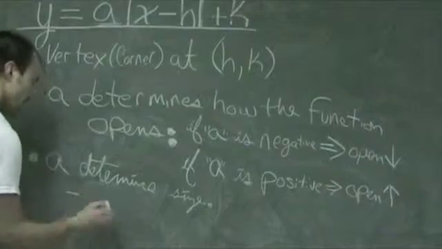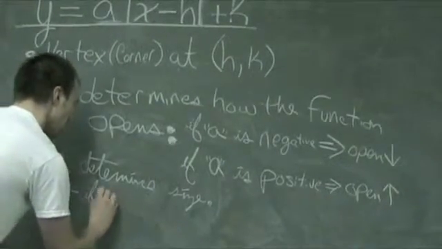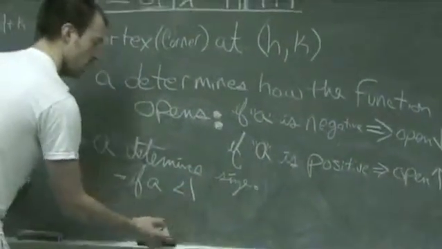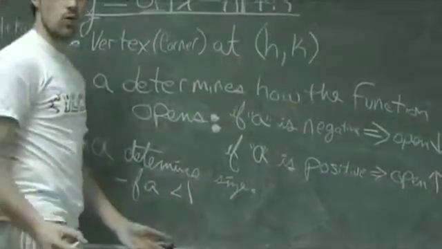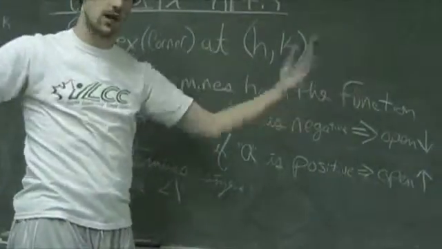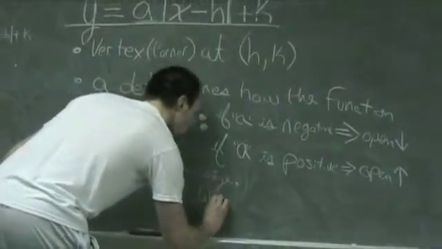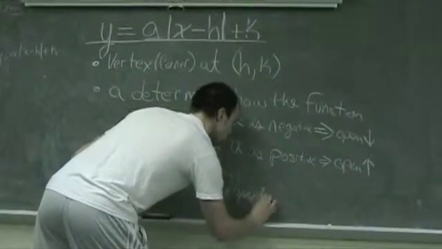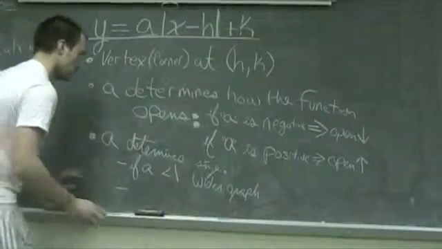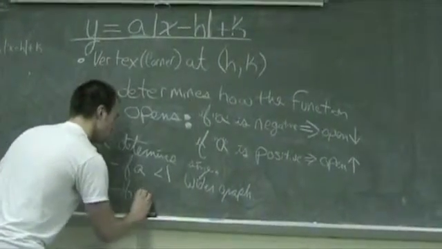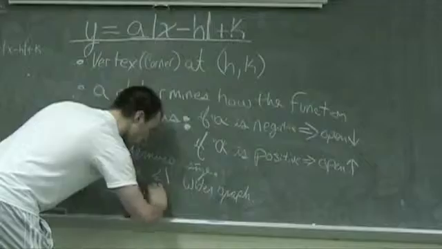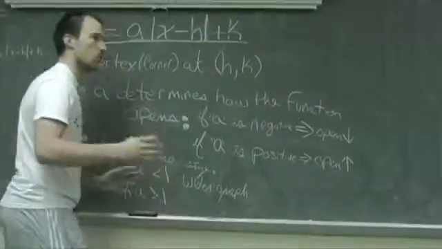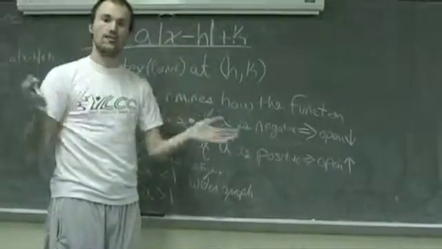And that means if a is less than 1, what we're going to see is a wider type of graph. And down below, if our value a here is greater than 1, it's a more slim graph, a skinnier graph.